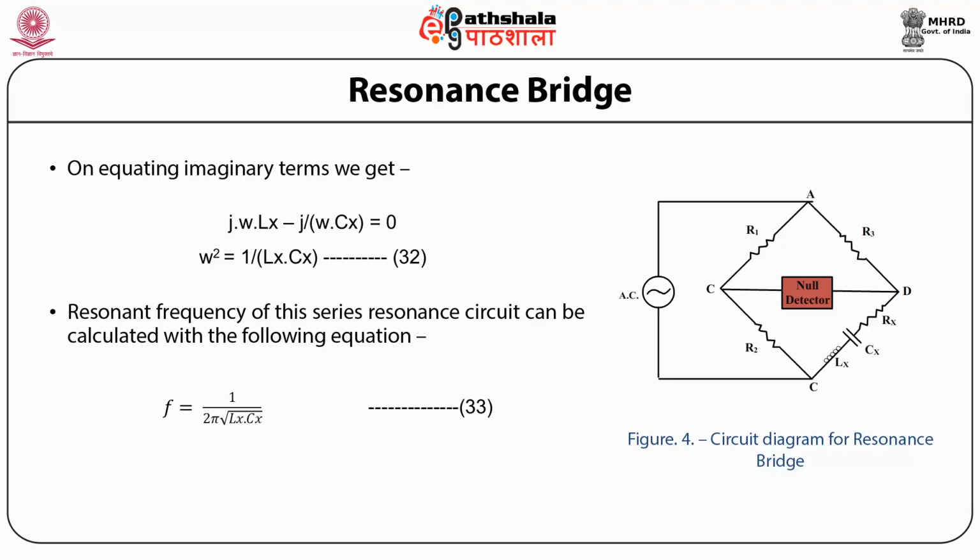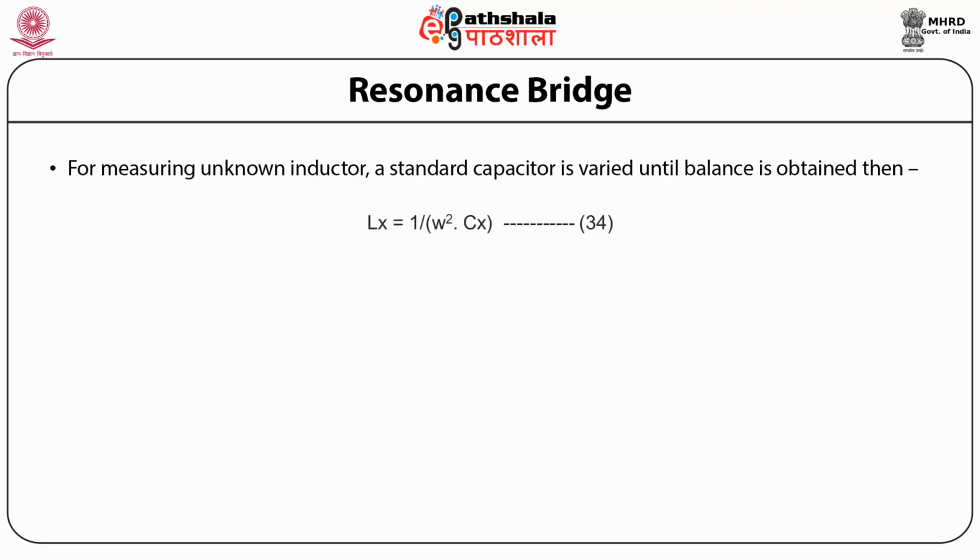This is equation 33. For measuring an unknown inductor, a standard capacitor is varied until balance is obtained. Then Lx = 1/(ω²Cx). This is equation 34.